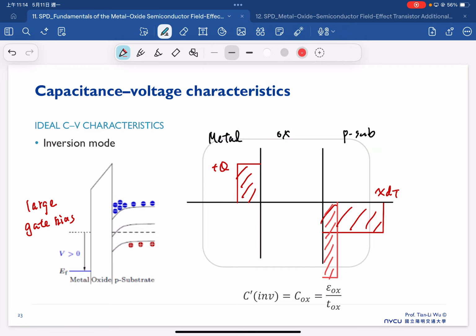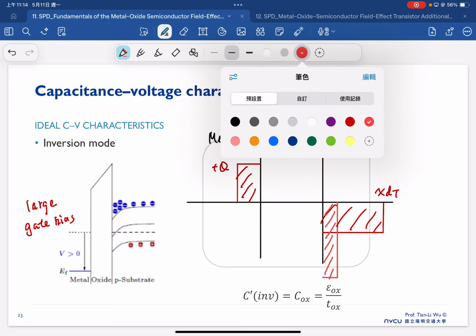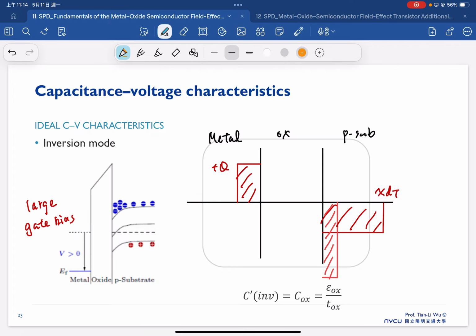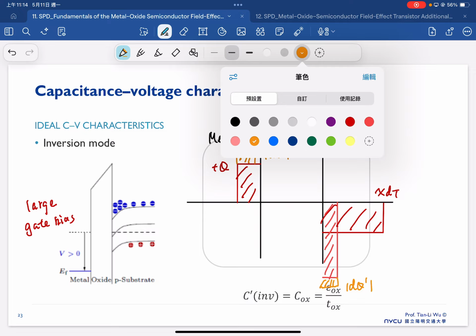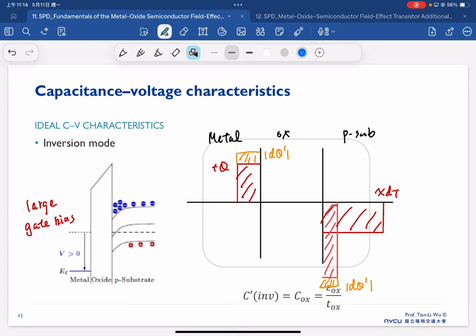So therefore, the additional bias AC signal will cause this DQ plumb, which in the end will reflect in this inversion charge. So now, again, if we look at the CV, which will be back to the oxide capacitance.